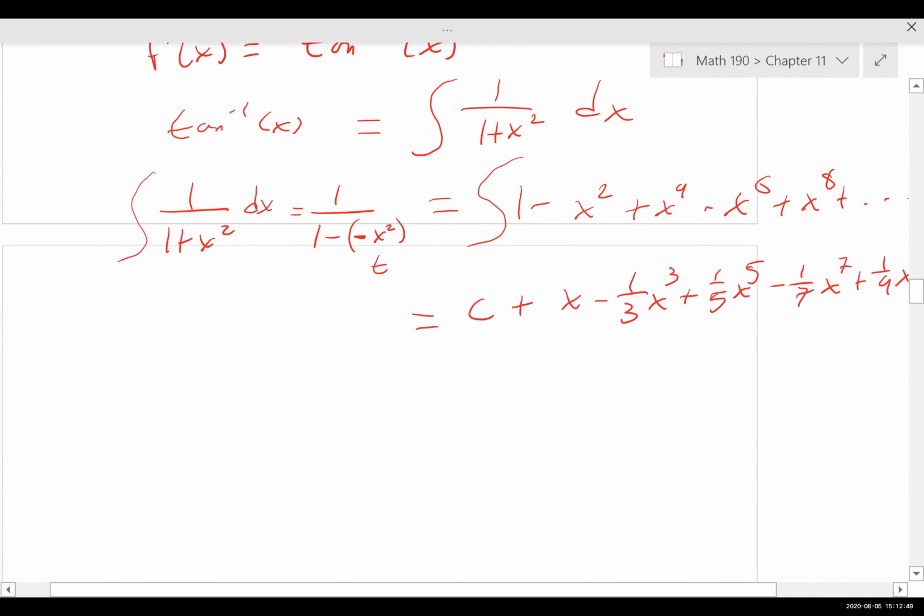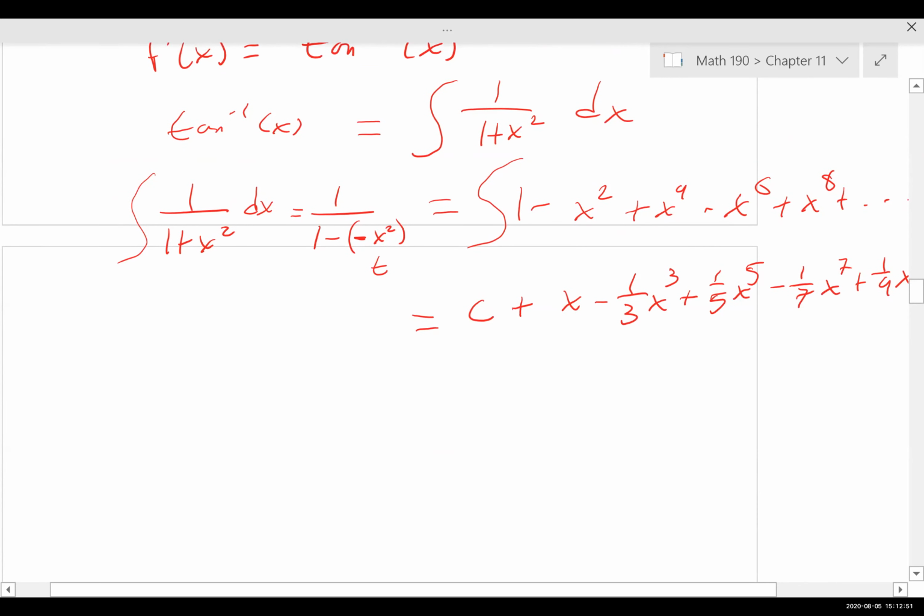Okay, so let's see what happens here if I plug in 0 to solve for c. What's the inverse tangent of 0? Well, what is the angle whose tangent is 0? Well, it's 0. So 0 is equal to c, because I just plug in 0 for x, right? So c is equal to 0, so I can get rid of my c.